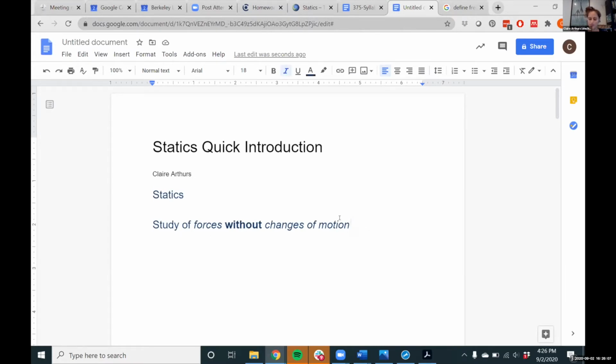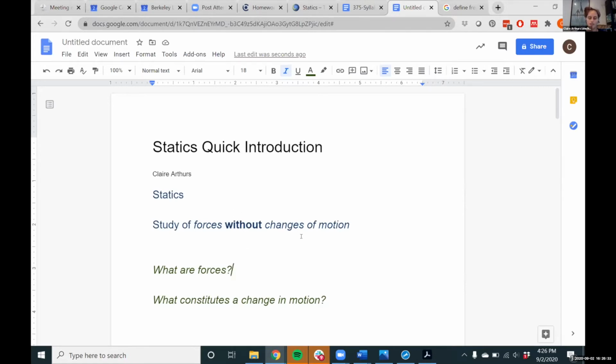So what does that mean? Well, we have to break it down. What are forces exactly? Forces are loads that you apply to objects to change their behavior. They're made up of a magnitude, so they have a quantity, and they have a direction, so they're known as a vector as opposed to a scalar.